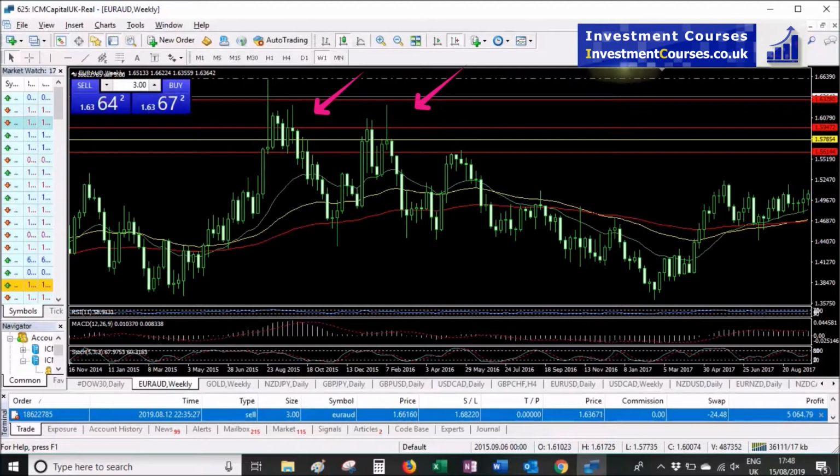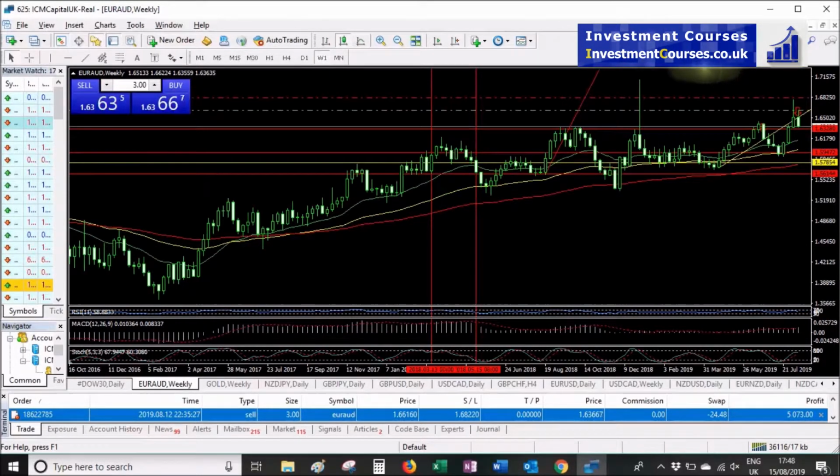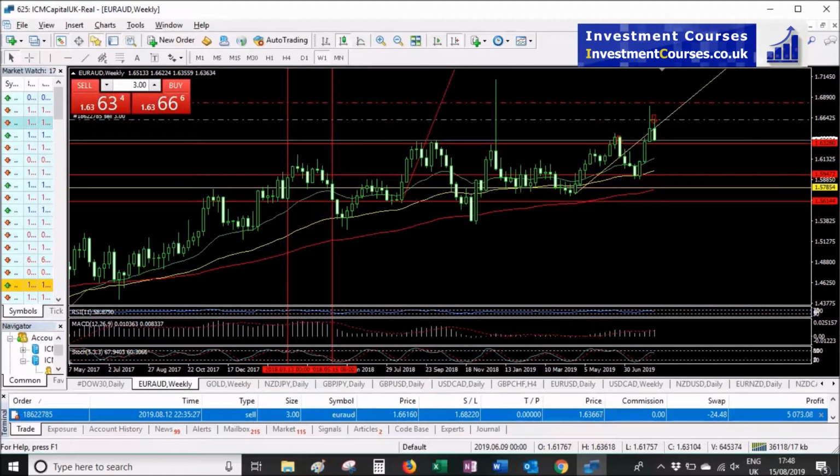Price never closed above this level. On that basis, I knew this area was the highest level of the market on the 25th of June, and most probably this upward movement would finish here, and we would see a downward movement or a correction, which happened exactly as we expected.